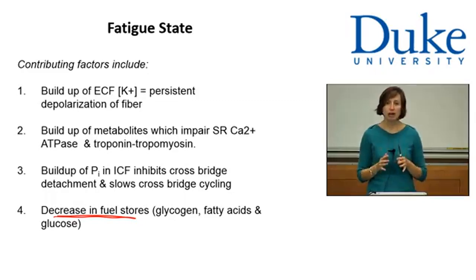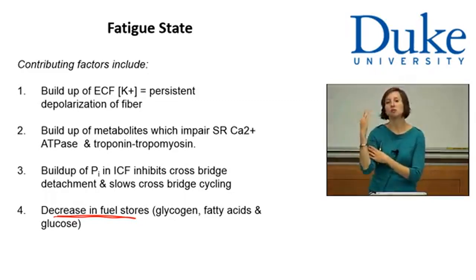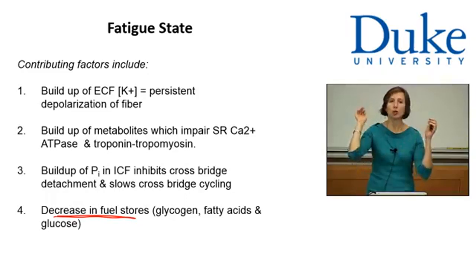However, if you think about it, if the muscle was allowed to continue its high performance until there was no ATP in the cell, that would be extremely dangerous to the muscle, because if we run out of ATP, we're going to go into that rigor state.